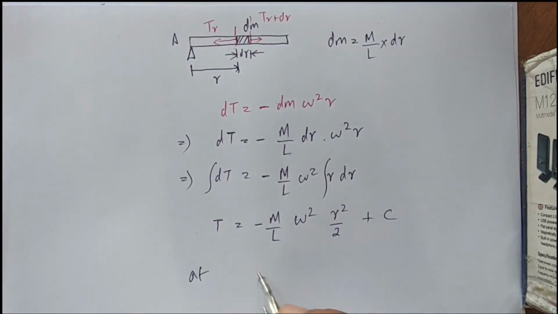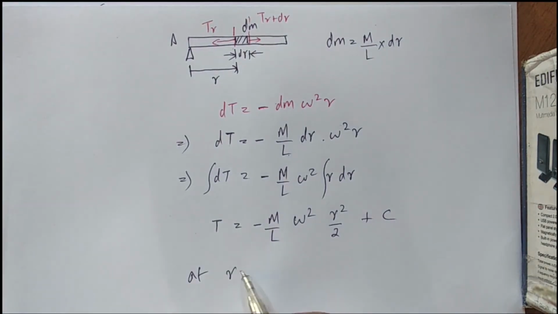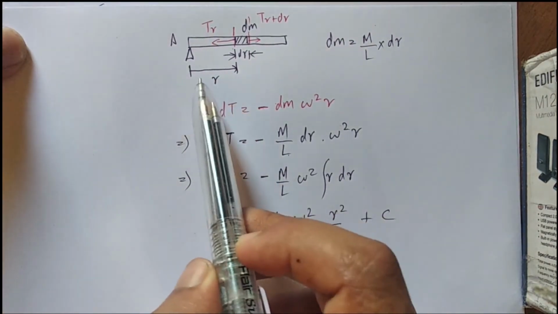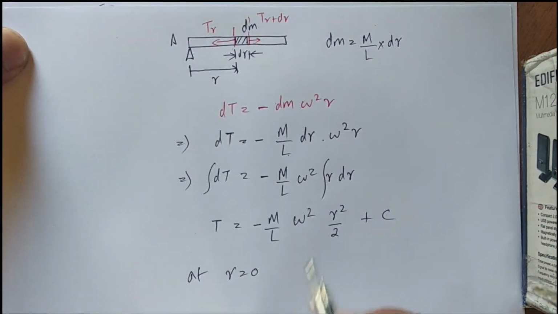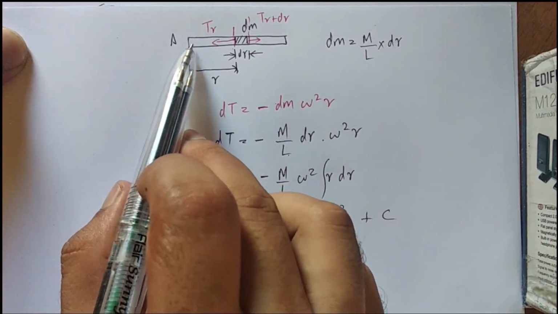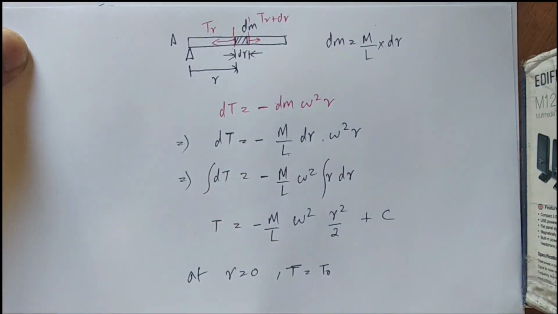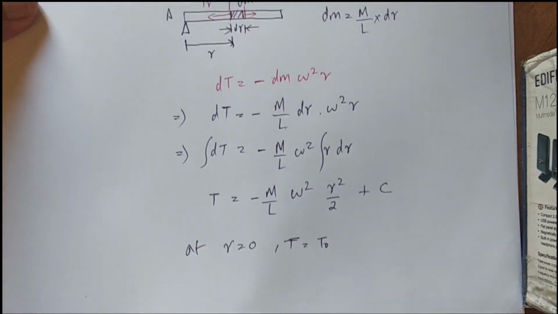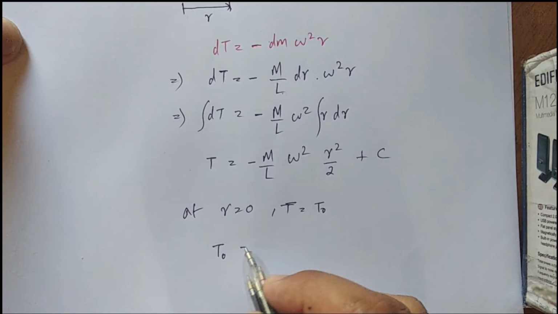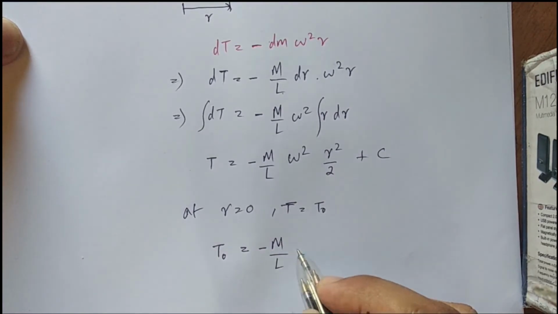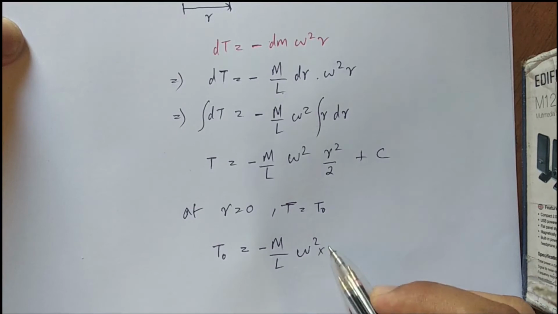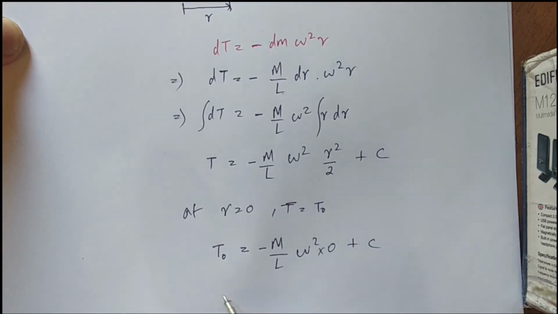At r equal to 0, at point A, the tension is equal to T naught, or you can say maximum tension will be experienced by this rope at point A. So we'll substitute that value. T naught equals minus M by L omega square into 0 plus C. So in this case C is coming out to be T naught.